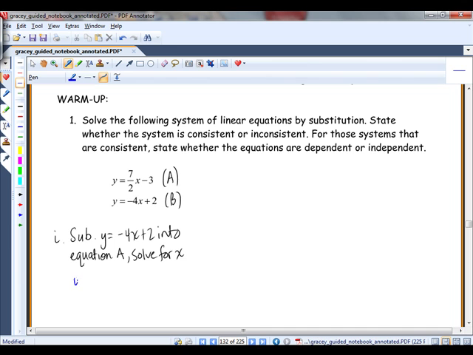So we had y equals 7/2 x minus 3. And I'm plugging in negative 4x plus 2 in for that y, and that's equal to 7/2 x minus 3. So this was the substitution that occurred.